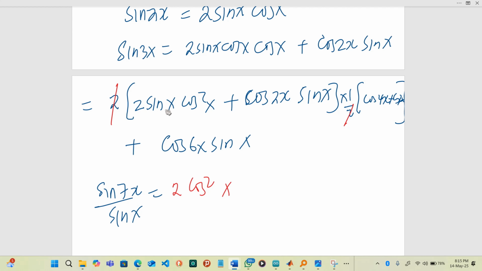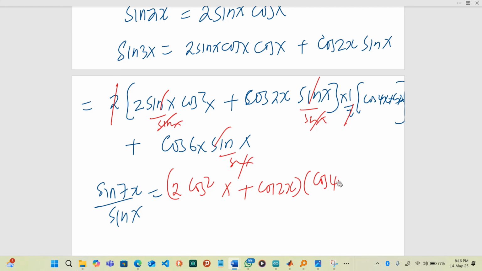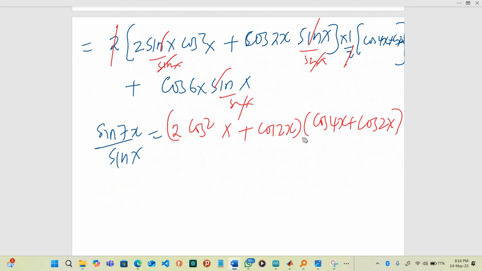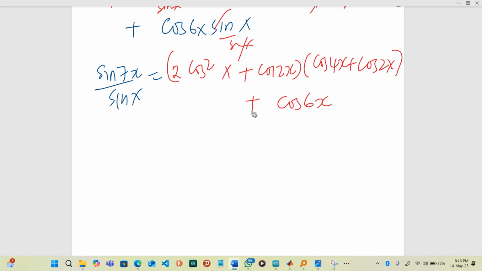Remember, I have divided by sine both sides. So you'll find that this and that will go. So I'll have 2 cos squared x plus cos 2x, into cos 4x plus cos 2x, and then we are adding there cos 6x. So that's what we are on.